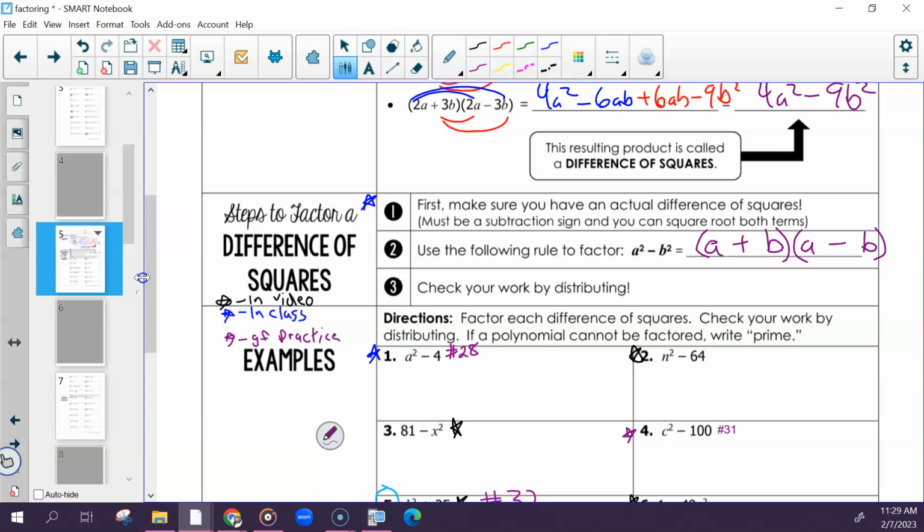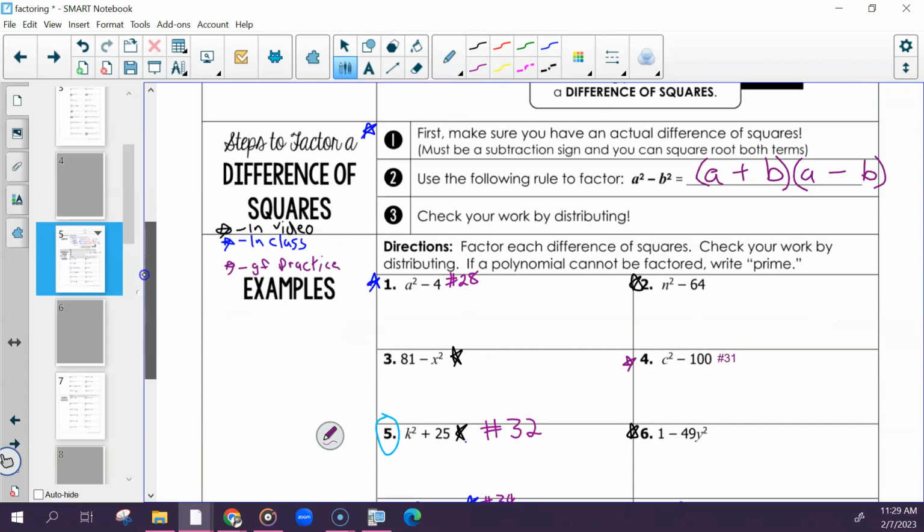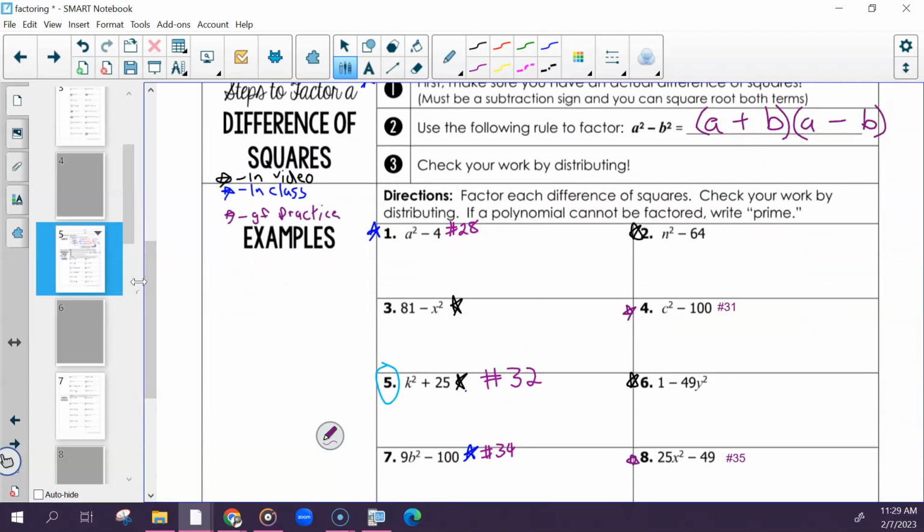Okay, so let's do some examples. First, let's check and see, are these perfect square terms? A squared, is there something multiplied by itself that will give us a squared? Something times something equals a squared, is that a true statement? A, so yes. And then is 4 a perfect square?